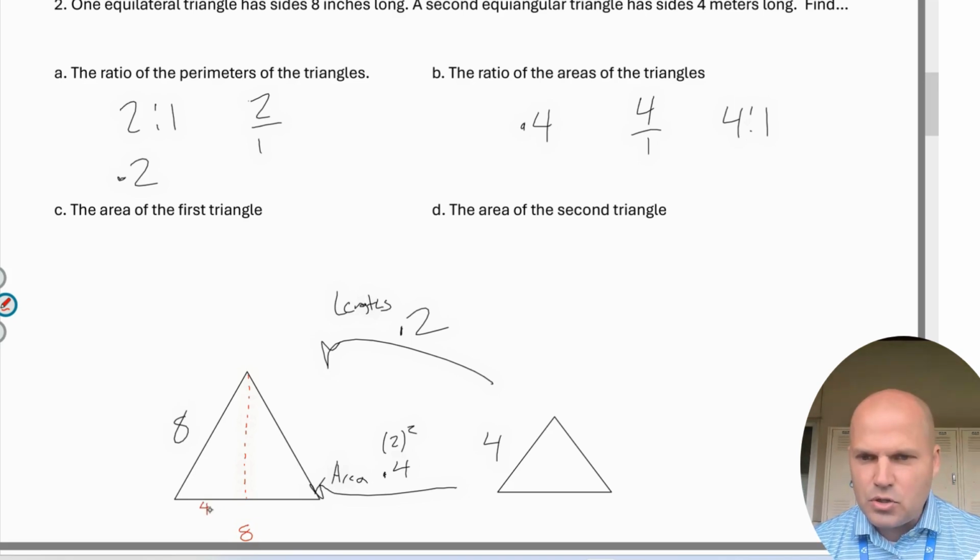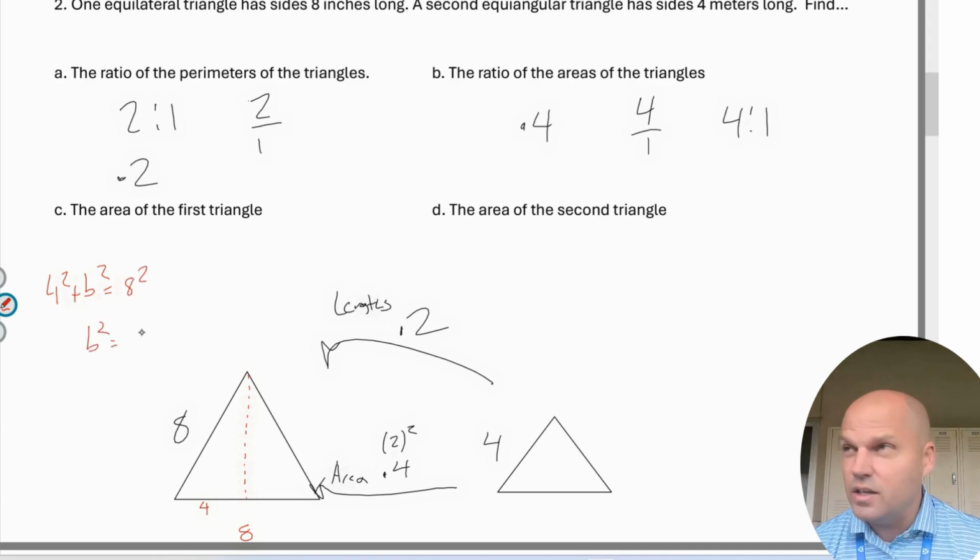And you can use the Pythagorean theorem: 4 squared plus b squared equals 8 squared, and you'd be able to find that b squared is 64 minus 16, which is 48.